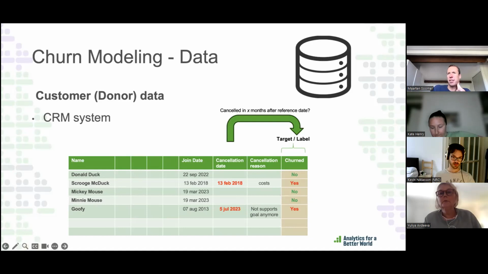Or churned within so many months after that reference date. So that's a way to build our target in the data set and to build a train and a test set in our data.